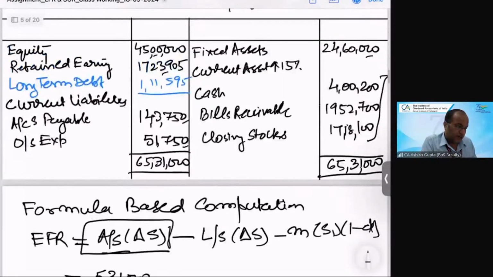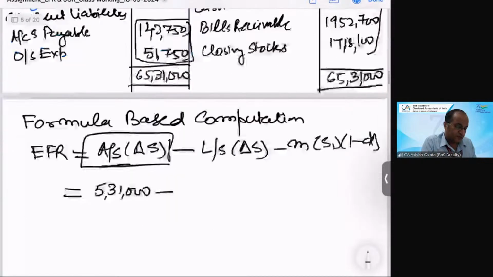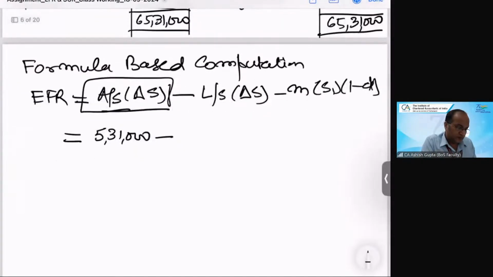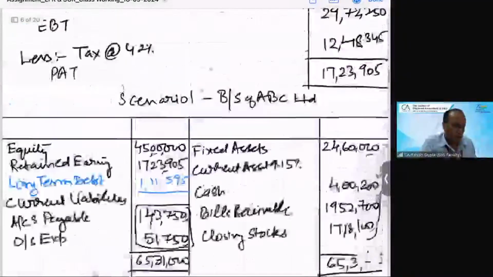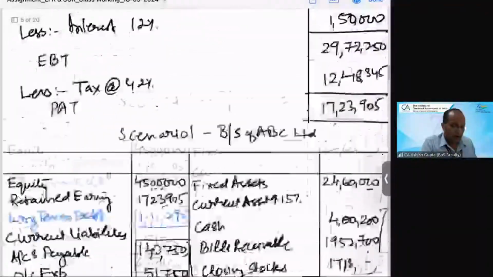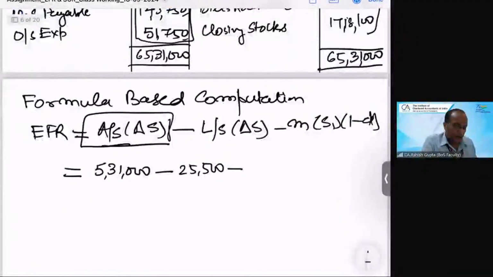My change in the current liabilities and provision, here this amount is changing. My 25 lakh minus how much am I retaining of the profit? No profit. See here, whatever be my profit.